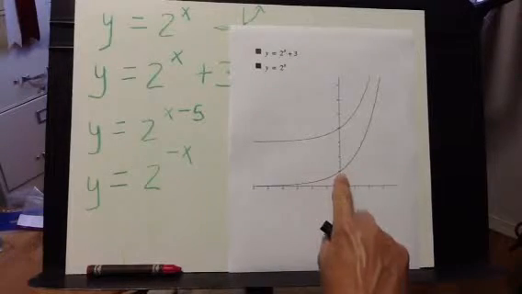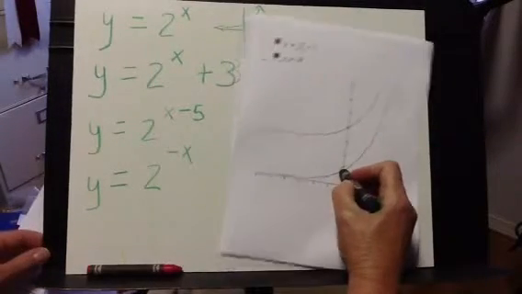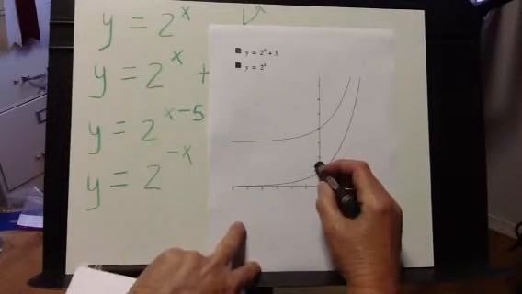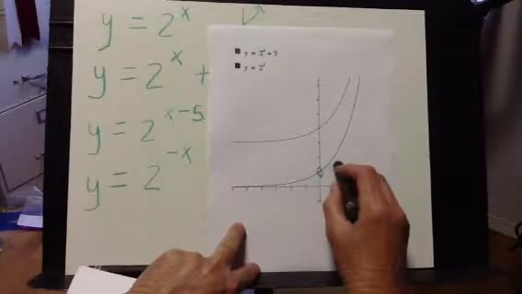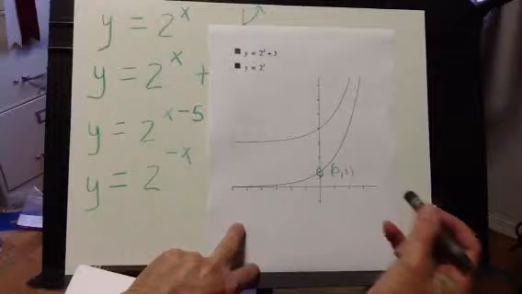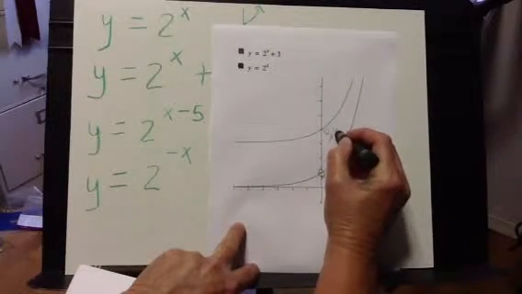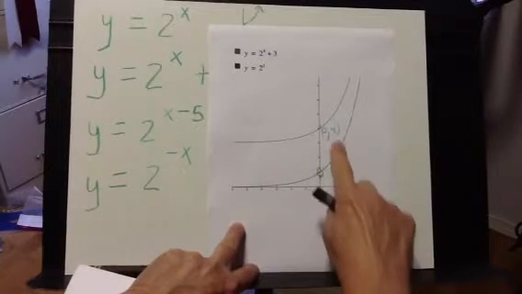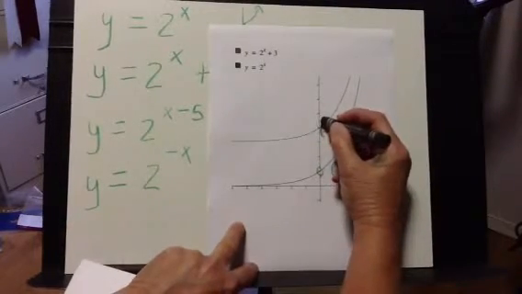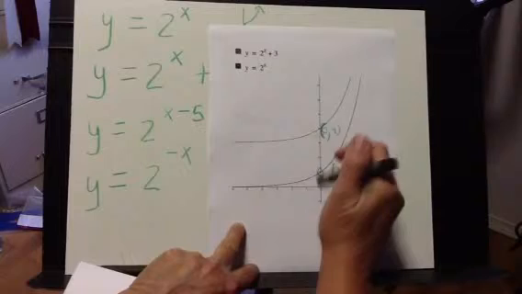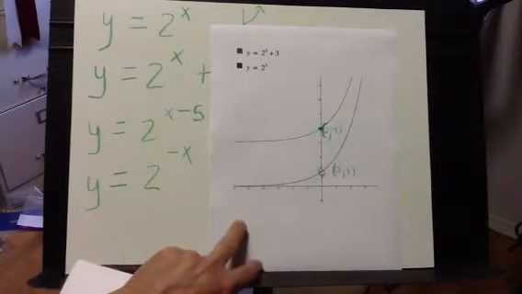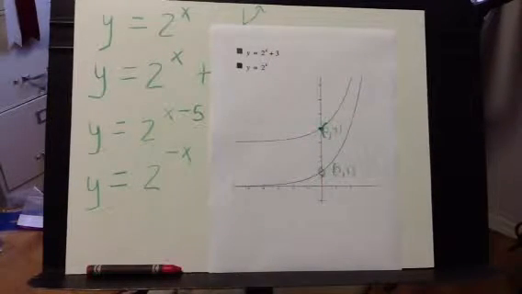This place right here is 0, 1, and up 3, that becomes 0, 4, because 1 plus 3 is 4. That's the coordinate where that thing now goes through, 4 above the origin, where this one was only 1 above the origin.